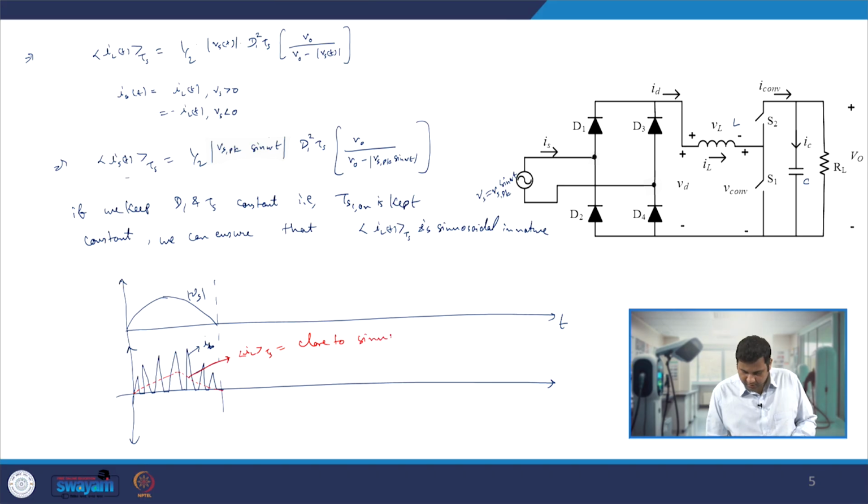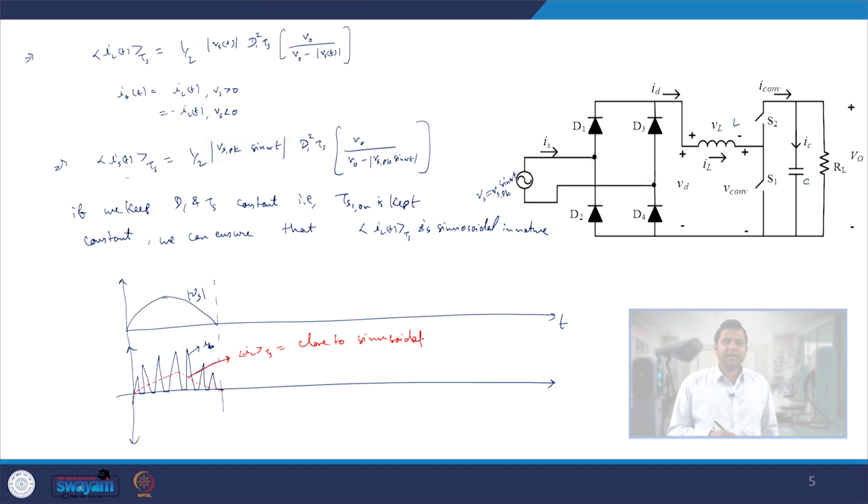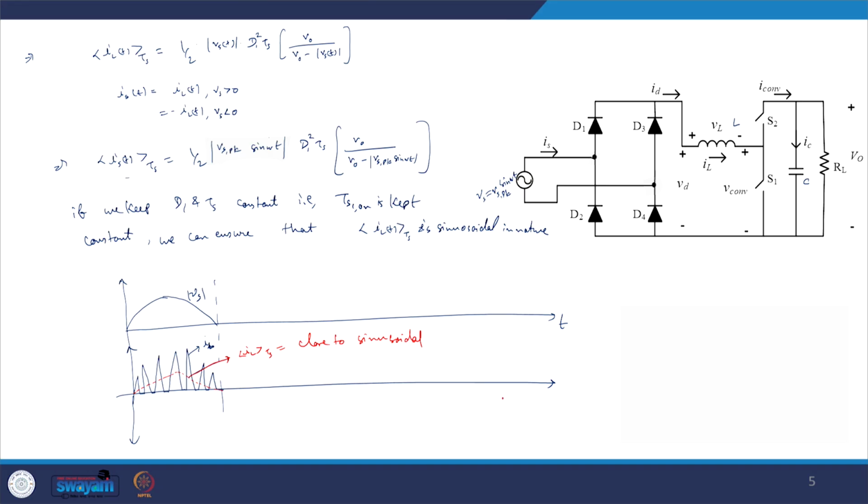It is not actually sinusoidal, but it is close to sinusoidal. It is slightly away from sinusoidal, but the variation is of a sinusoidal behavior, though not exactly sin omega t. It is primarily because you have modulus Vs peak sin omega t also at the bottom.